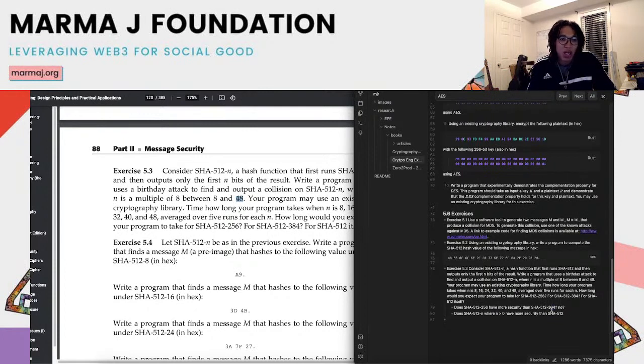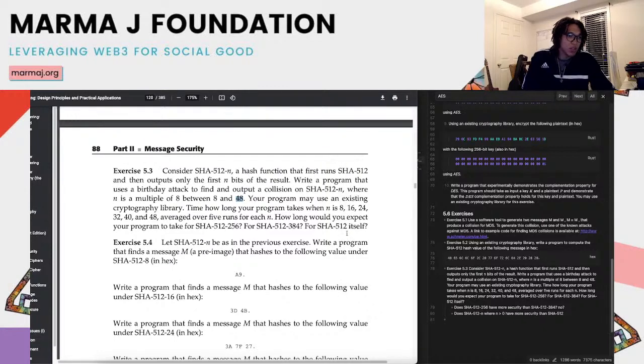Sorry, I was getting a bit confused. And so, no, this is obviously not true anymore. Sorry, that's why this made no sense. You're only outputting n. So I would expect it to take a good amount of time here, way more time here, and then a lot more time for the full SHA-256.